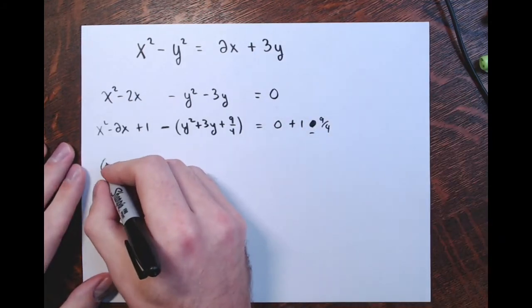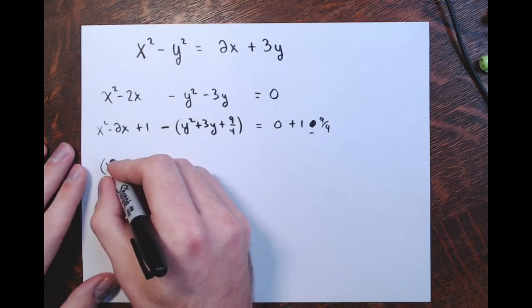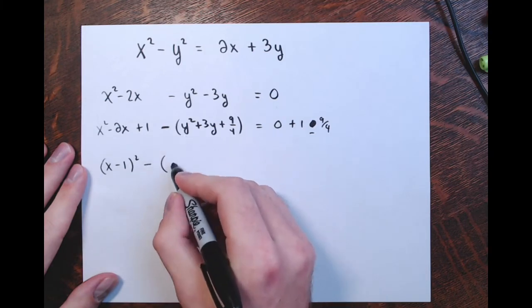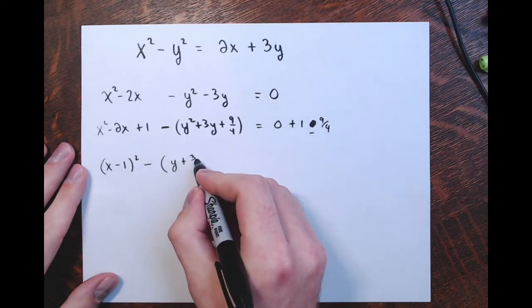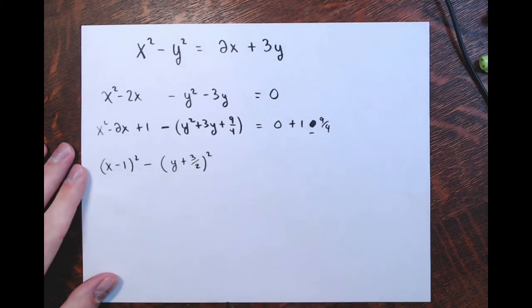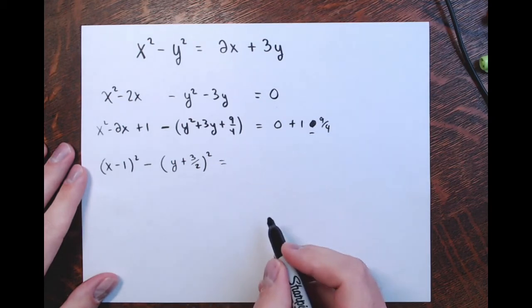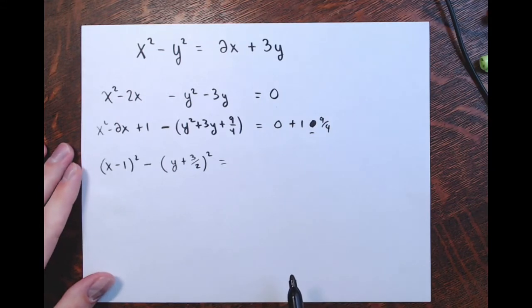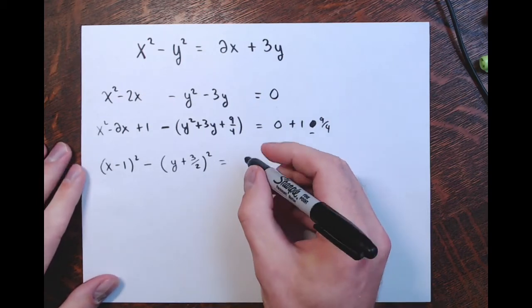And then we have the quantity x minus 1 squared, minus the quantity y plus 3/2 squared, equals 1 minus 9/4, which is negative 5/4.